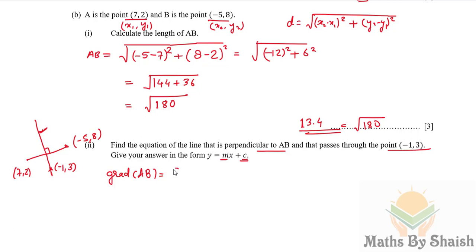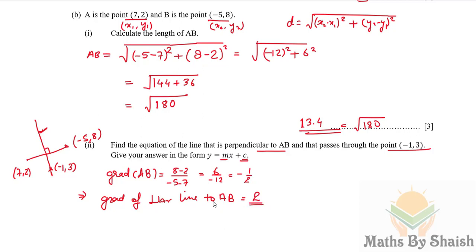So 8 minus 2 upon minus 5 minus 7, it becomes 6 over minus 12, that is minus 1 over 2, and hence the gradient of the line perpendicular to AB is going to be the negative reciprocal. So if we take the negative reciprocal, it is going to be minus 1 over minus 1 over 2, that is going to be 2.